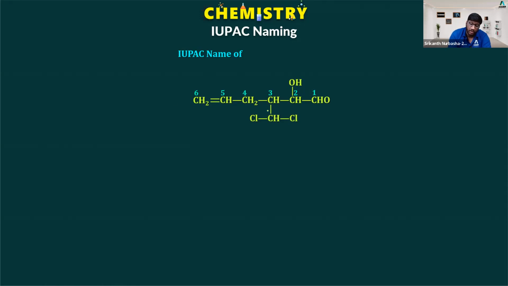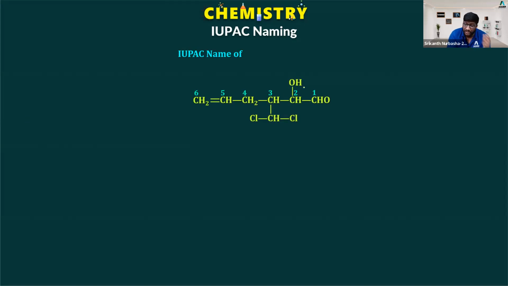So what's the name? What is the third carbon? Substituents we have to name first according to alphabetical order. We have 2-hydroxy and 3, what is this name? CHCl2: dichloromethyl. For the complex substituent, do we include the D to compare the alphabetical order? Yes, sir. For simple substituents you should not include di and tri, but for complex we have to include it.